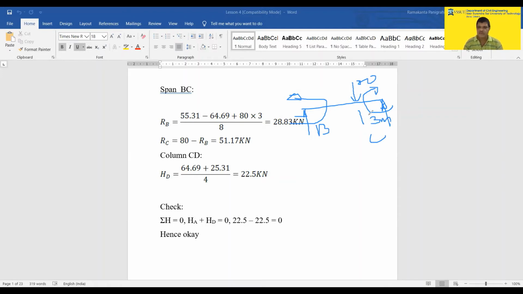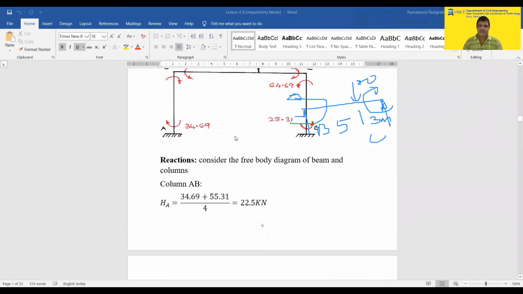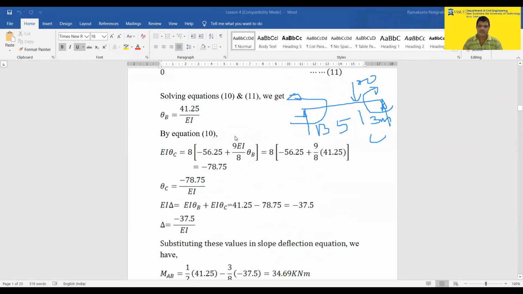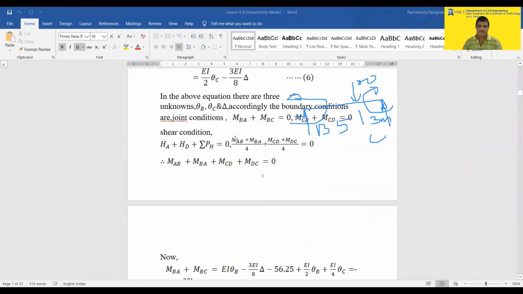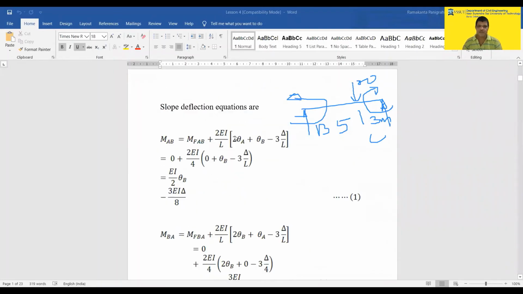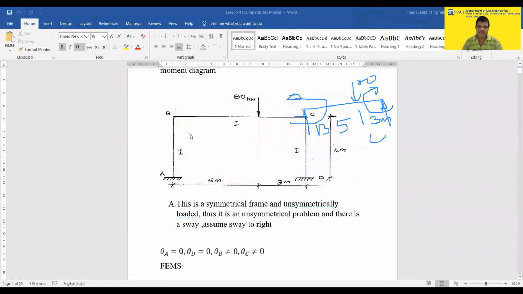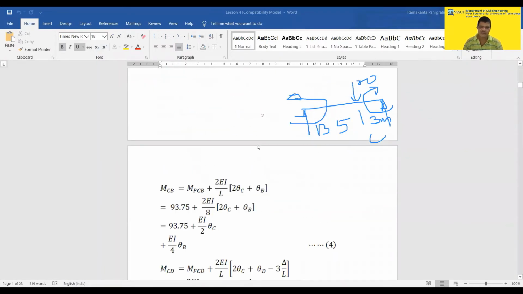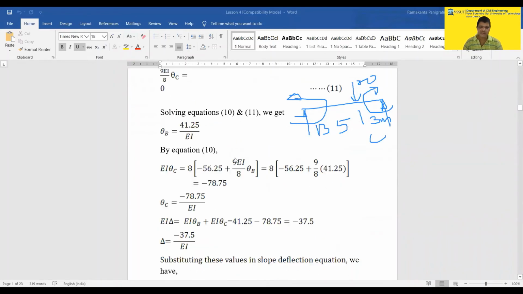Sorry, this is 5 meter. Just a minute. It was 5 meter from this side, 3 meter is from this side, 80 kilonewton. Okay, so we are correct in the calculations part.